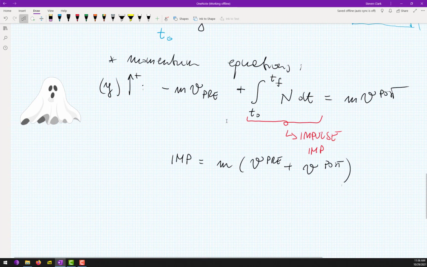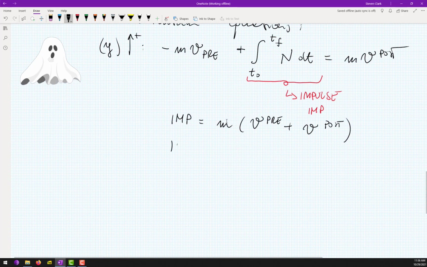Let's plug in values. IMP is equal to 2.75 times 4.429 plus 0.99.